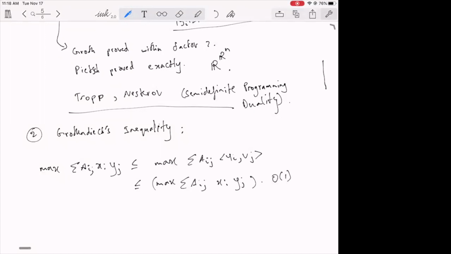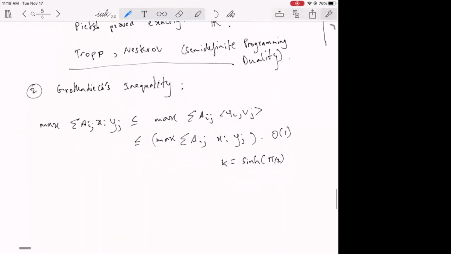I intend to show you a full proof of this, hopefully today, where I'll show you Grothendieck's original argument with constant K equal to hyperbolic sine of pi over 2.